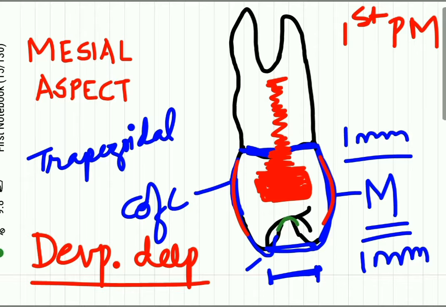This marginal groove is continuous with the central groove, and it crosses the marginal ridge lingually to the mesial contact area.